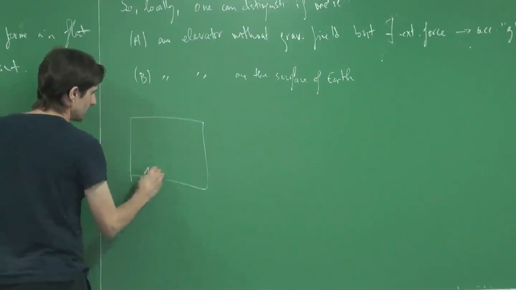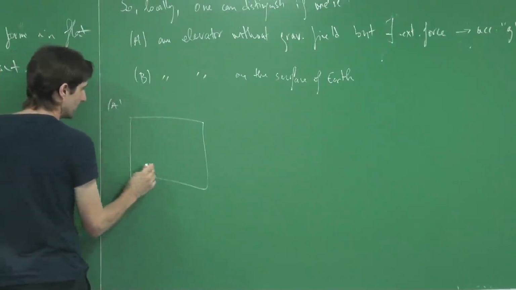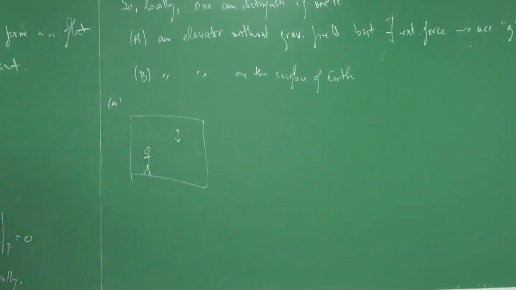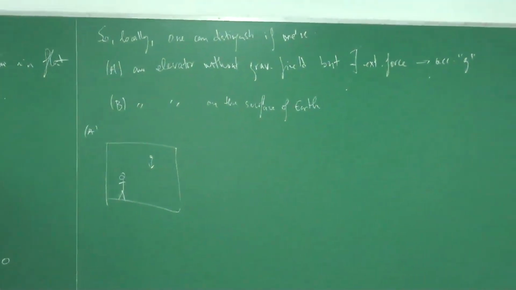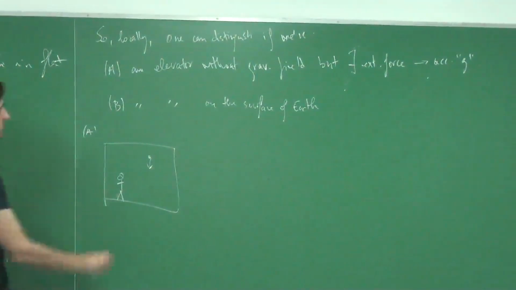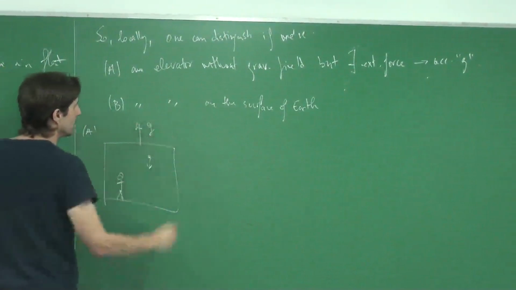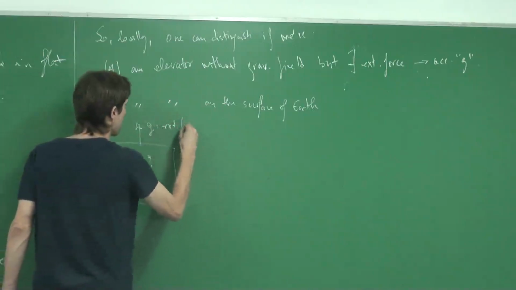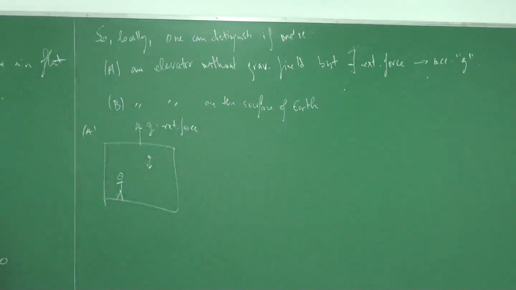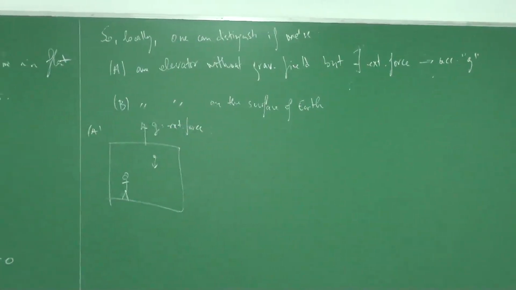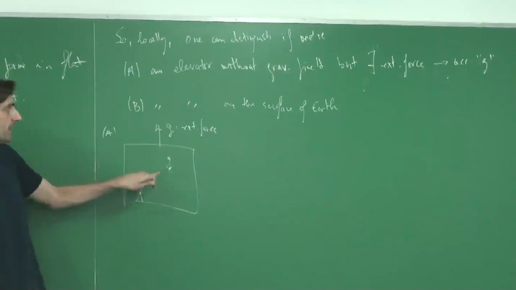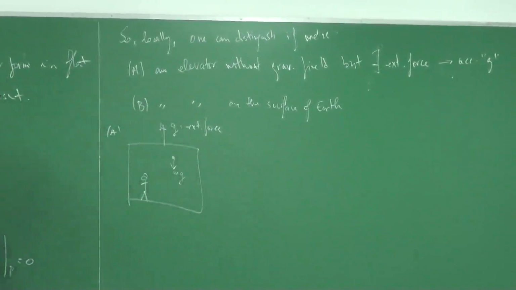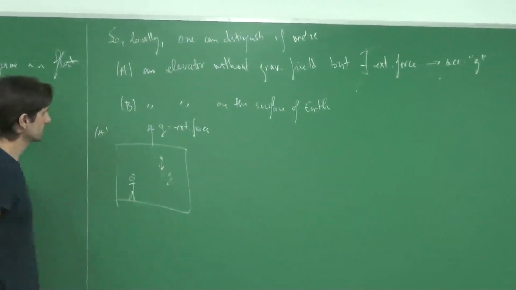So we've got an observer here looking at some particle. In flat space, you've got an elevator in outer space. There's an external force pulling it. And so the observer in the elevator sees the particle going down with an acceleration g.